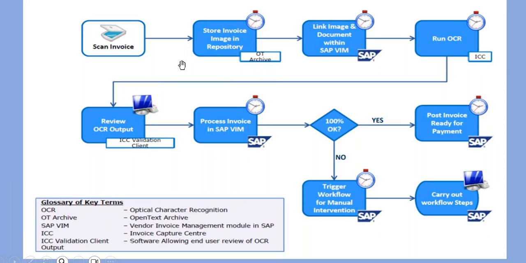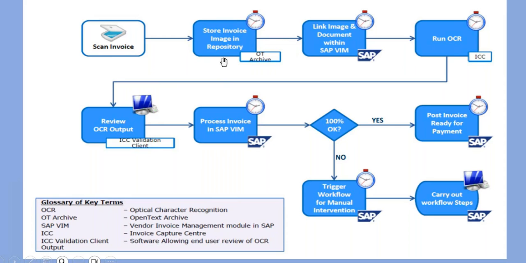At any point in time, we can retrieve the invoices from the archive server. This is nothing but a storage where all the invoice images are stored, and it is called a content repository or an archive server.